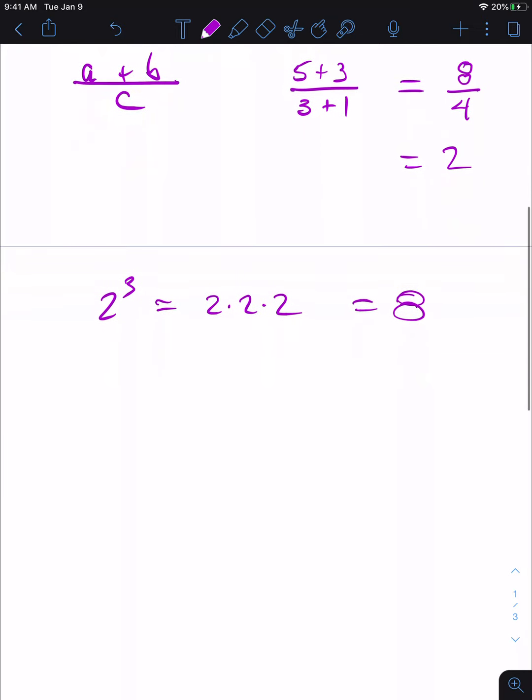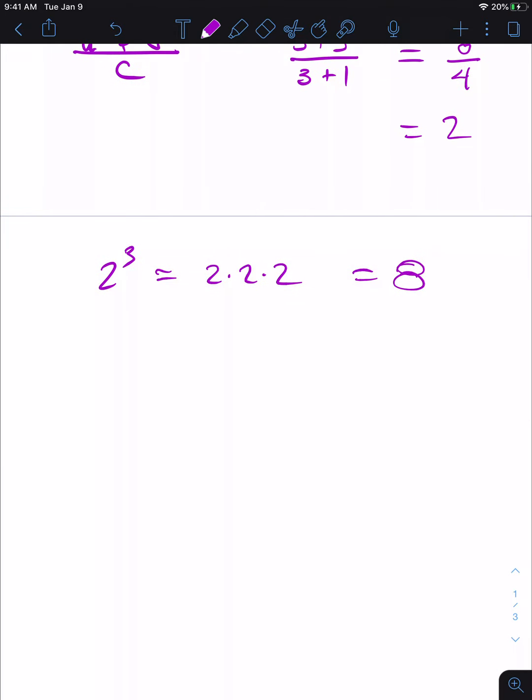So that's GEMDAS. You should always be thinking grouping, exponents, multiplication, division, addition, and then subtraction.